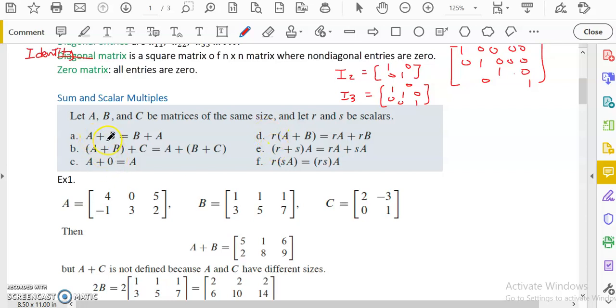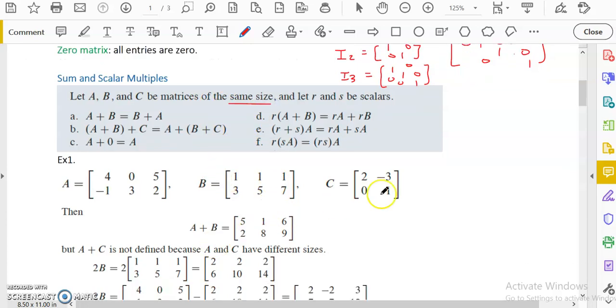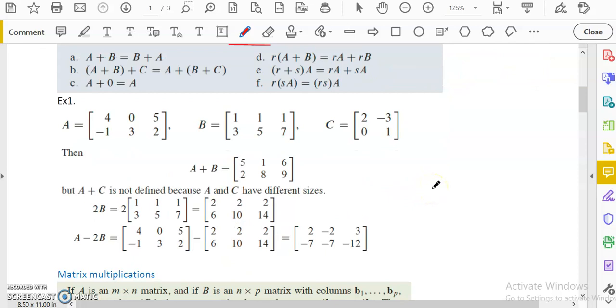If you add matrices, you add corresponding entries. Because you're adding corresponding entries, they must have the same size, meaning the same number of rows and columns. If you multiply by a scalar, you multiply each entry by the scalar.